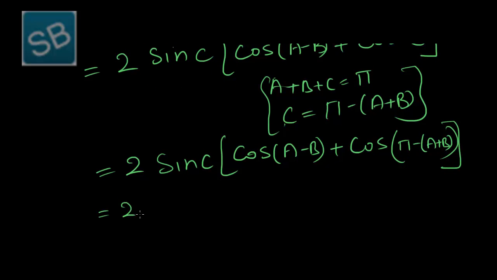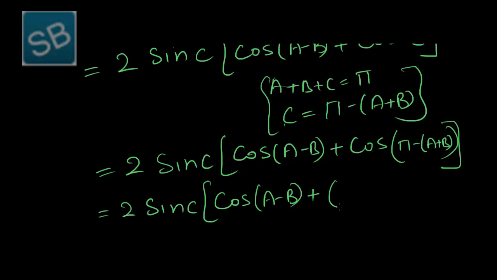That is, we get 2 sine c cos of a minus b plus, since cos of pi minus theta is minus cos theta, minus cos a plus b.